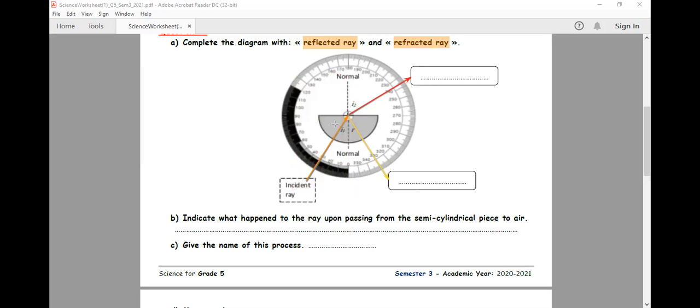This means that the light is passing from one medium to another medium. So again, the incident ray and the reflected ray are found in the same place.